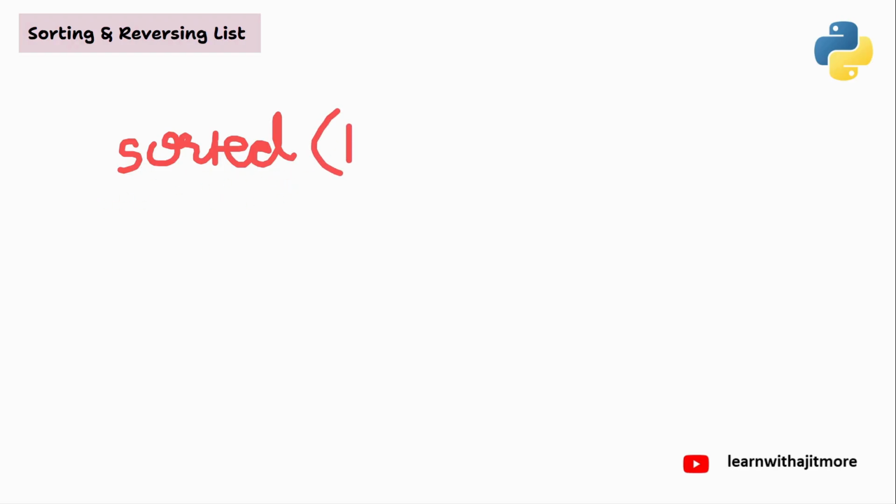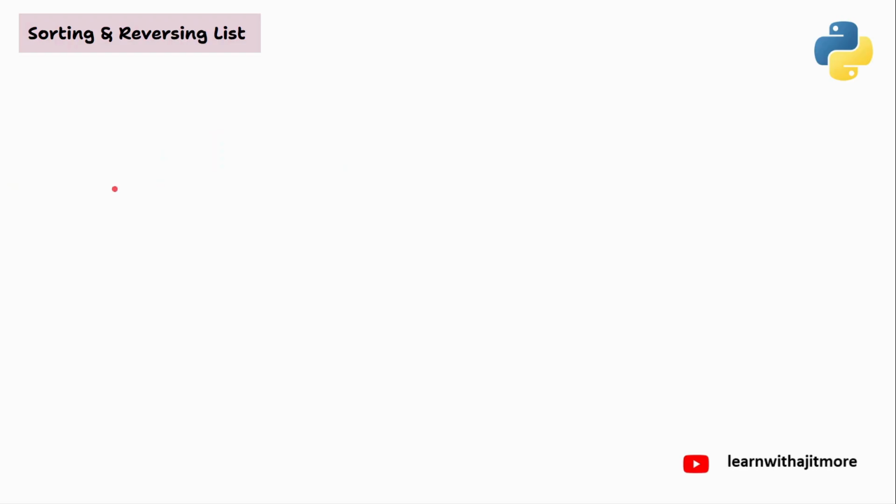To that we were passing a list, and it was returning a new list, which is a sorted list. You remember, guys? By default, ascending. And if you give reverse equal to true, then descending it was given. But that was a built-in function.